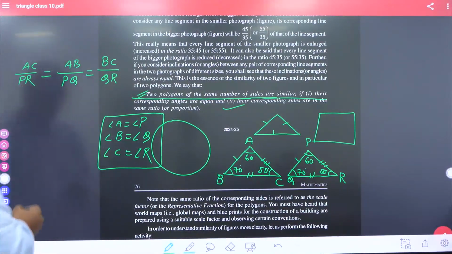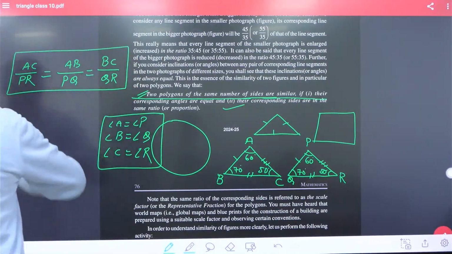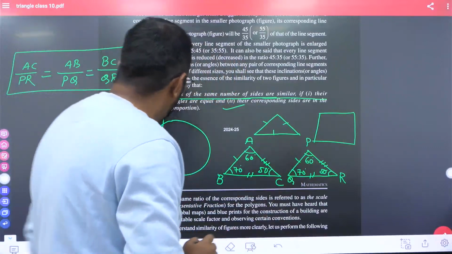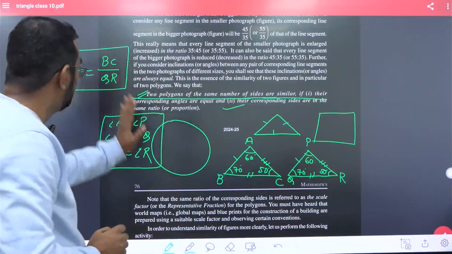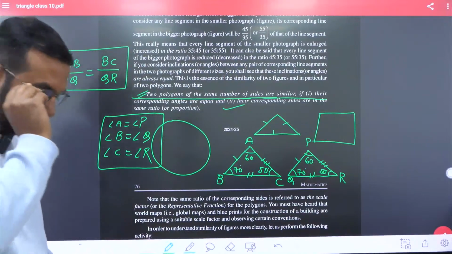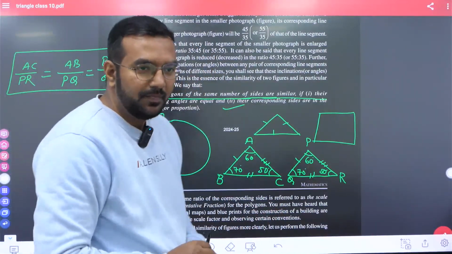So if these two conditions are fulfilled in any polygon, meaning their corresponding angles are equal and their corresponding sides are in the same ratio, then the two polygons are similar.